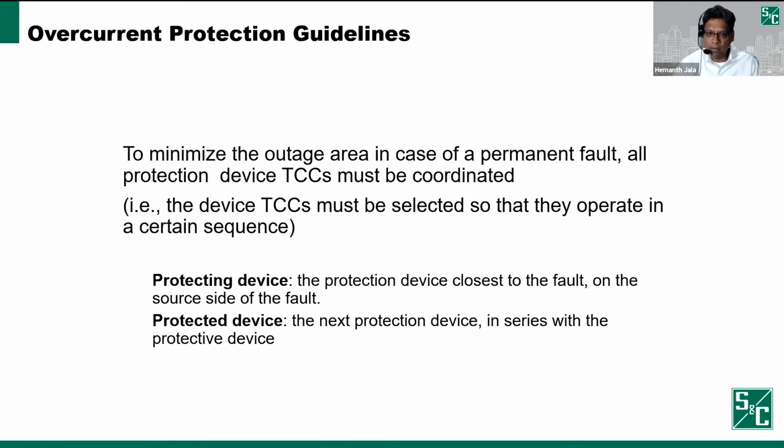The protected device is the next protection device in series with this protecting device. It is helpful when you have multiple protective devices on your system to call them protecting device or protected device, and it changes. It makes sense when you look at it from a system perspective.